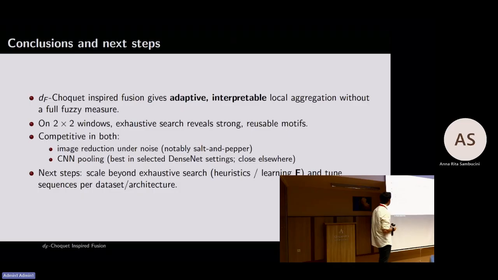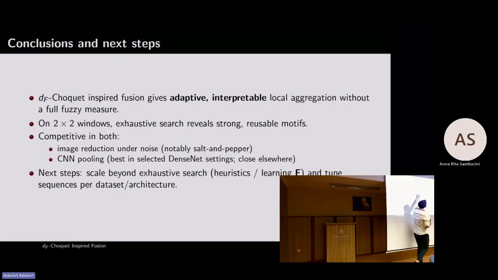And the conclusion is that the Choquet-inspired function gives adaptive, interpretable local aggregation without a full fuzzy measure, which allows us to have a function that is computationally very cheap on 2x2 windows.